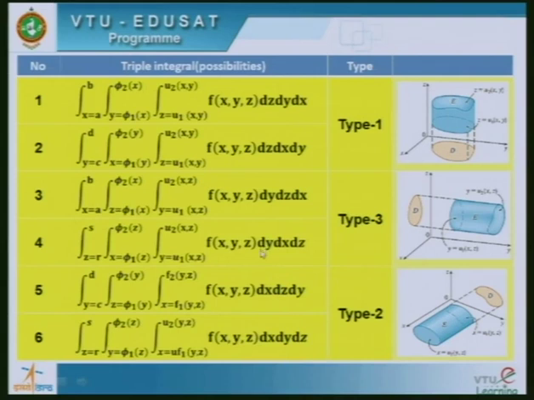Type 3: here y limits are functions of x, z. In the y direction the y limits are functions of x, z, so first integrate with respect to y in both cases. After the first integration, go for either zx or xz. So, there are totally 6 possibilities depending on how the solid region is given. When the solid region is given, you identify which one is convenient out of the 6 types here.